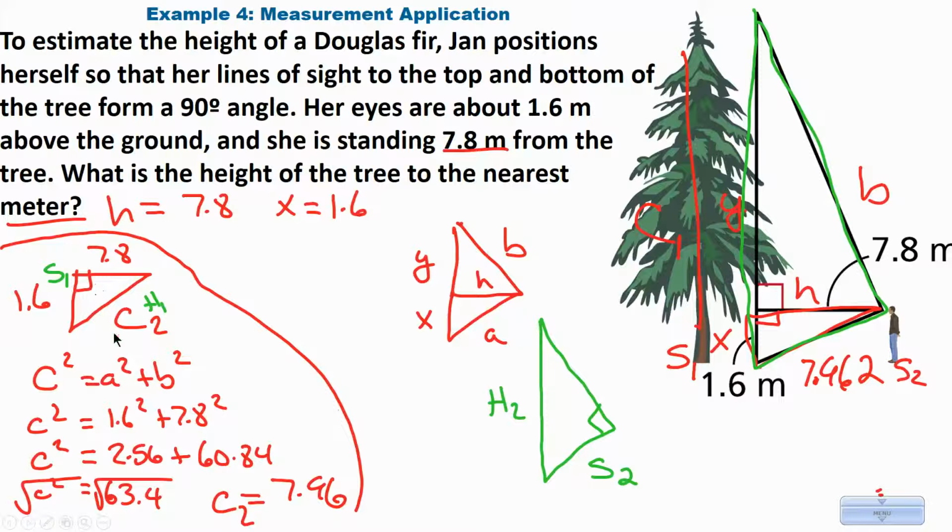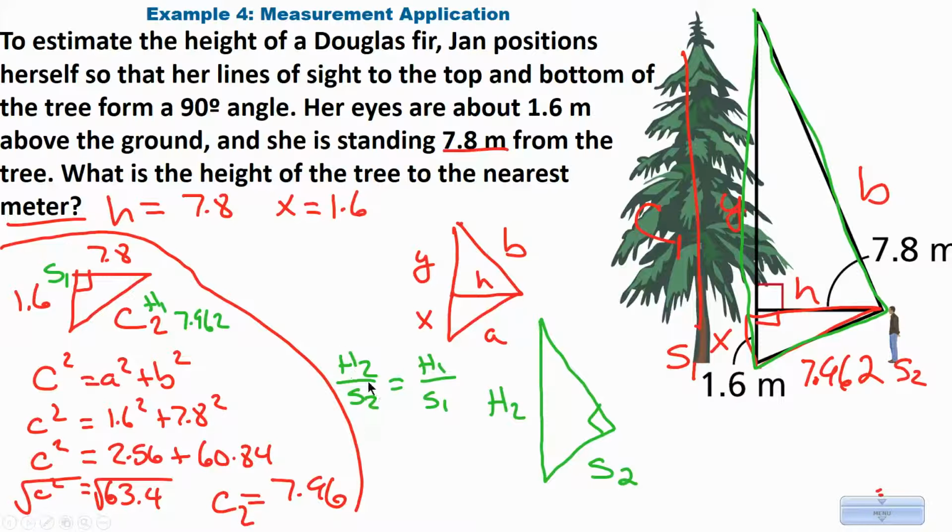So in this case, we know that this is 7.962. We're looking for the H, so it's H2 over S2 is equal to H1 over S1. Because we're going to use proportionals to figure this out. Because we know that these triangles are similar, that means they are proportional.